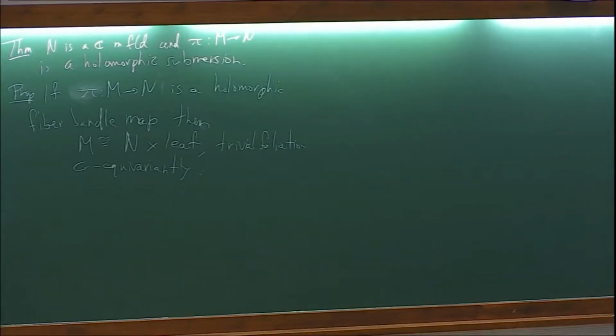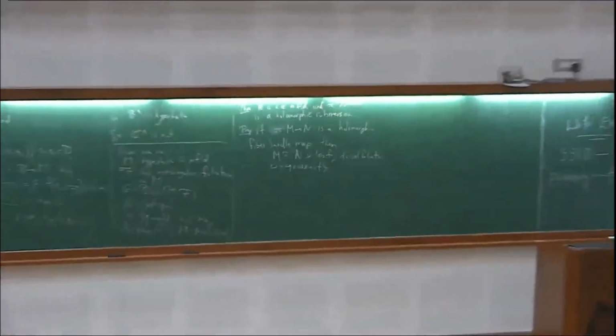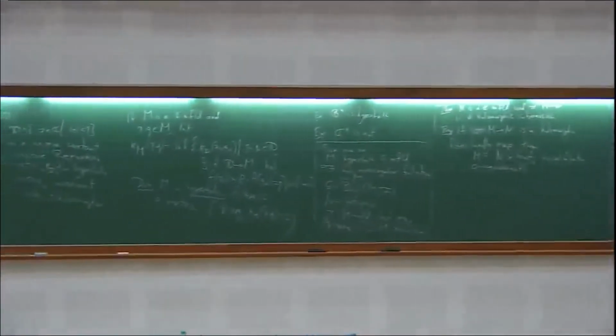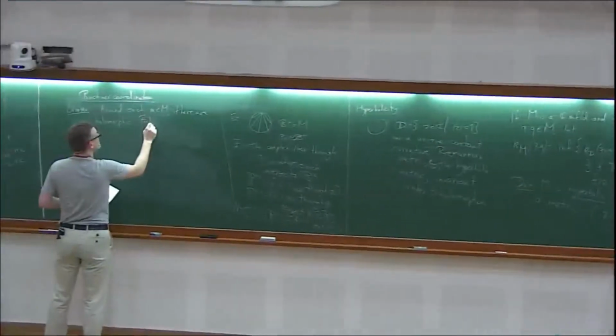What we want to do is to construct nice coordinates, and so here's the lemma. Around each point m in M, there are holomorphic Frobenius coordinates.